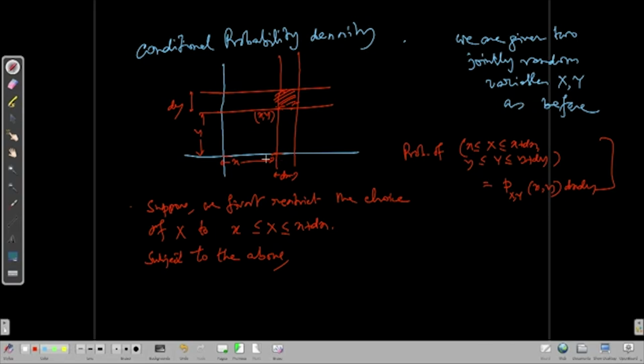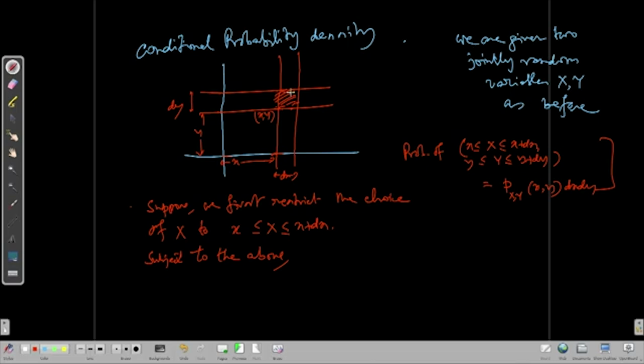If I measure capital Y, there is no guarantee capital Y will lie from here to here, or that the pair will lie on this box, isn't it?